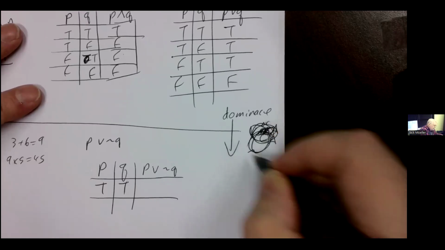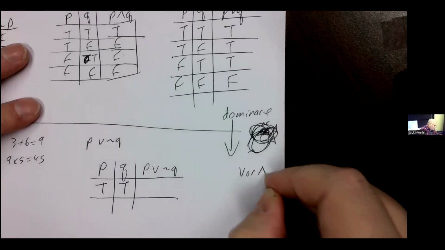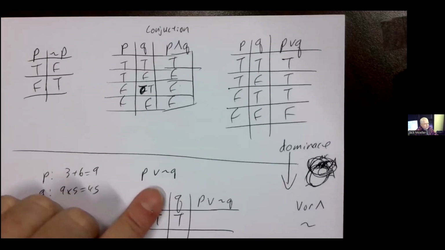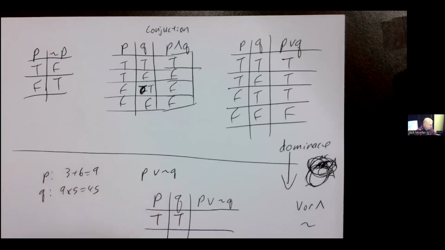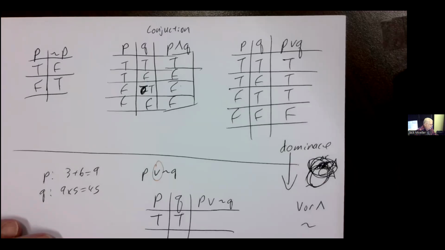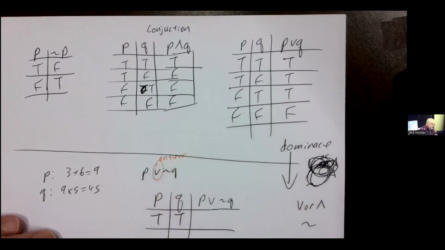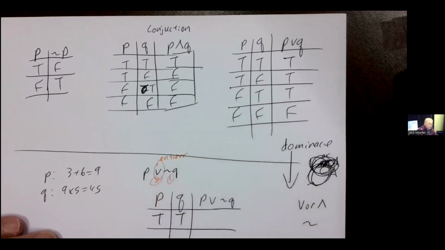When we look at this, we have P or not Q. Which one is the most dominant? The most dominant one is the OR. That's where we get our answer from, so it has to be done last. So we do the negation first, the OR second.